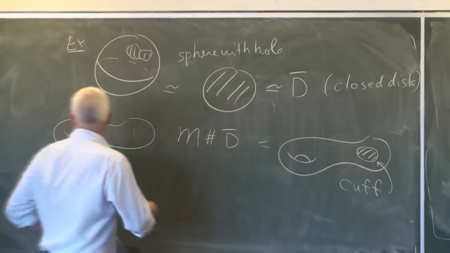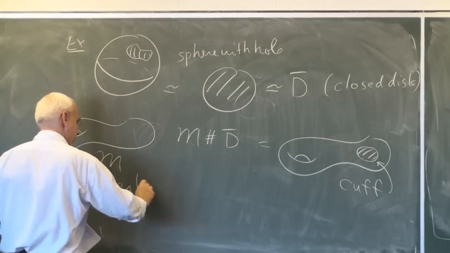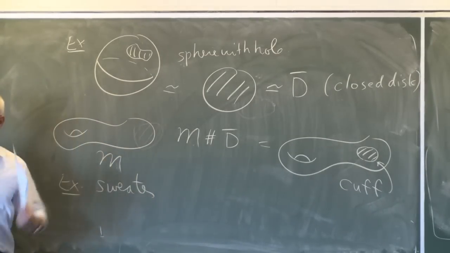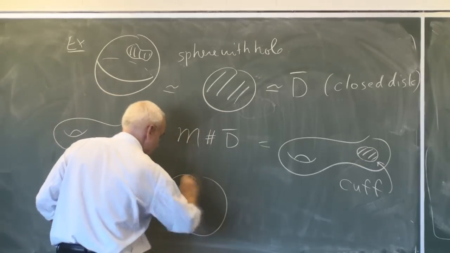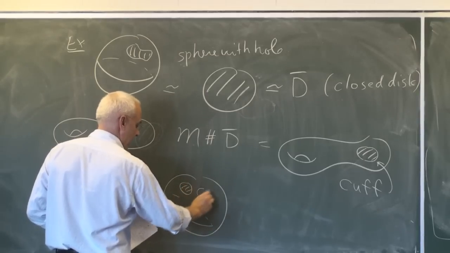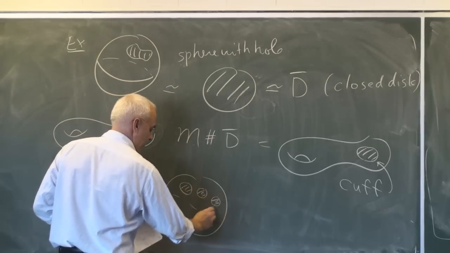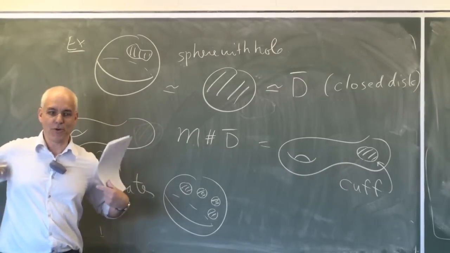So for another example, if you're wearing a sweater, an ordinary pullover, then that's going to be a disk with 4 holes, right? The arms are 2 holes.